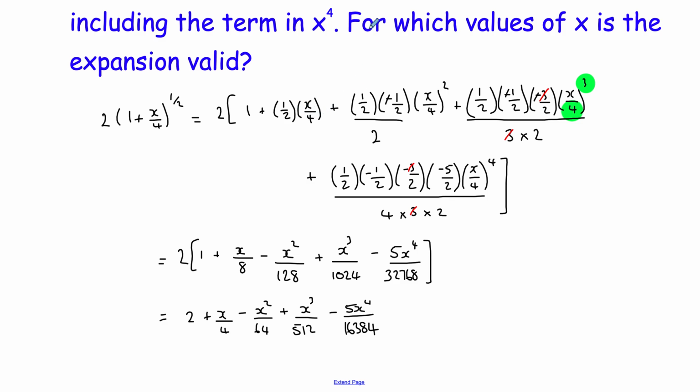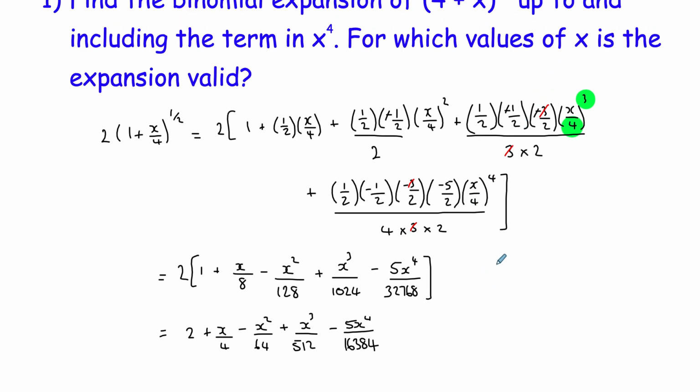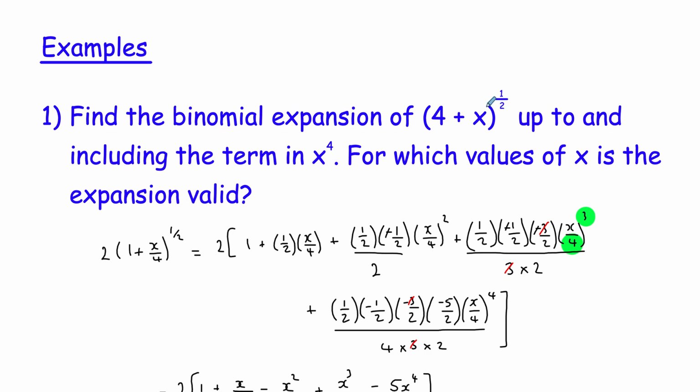Okay, so notice that within this question as well, I've asked which values of x the expansion is valid for. We said in the previous video that the expansion is valid when the x term is between minus 1 and 1. So whatever's here needs to be between minus 1 and 1.